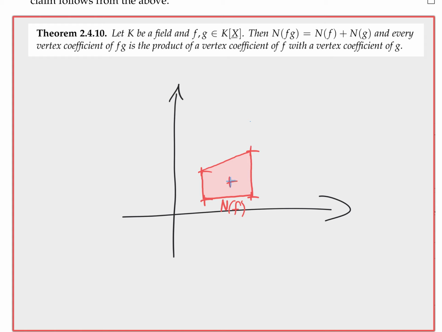So say this, and this, this is a different one, and this, and maybe this one, right? So this is the Newton polytope of g, and then our Newton polytope of f times g.